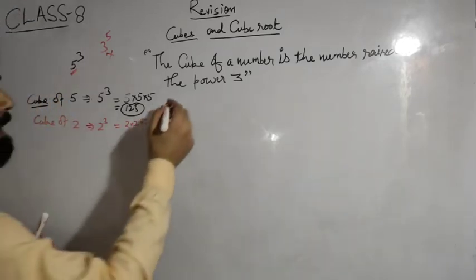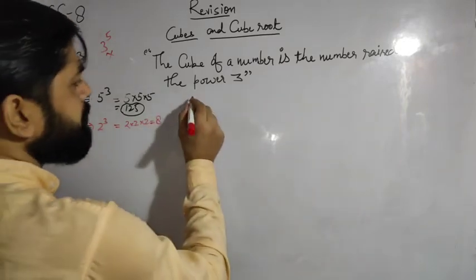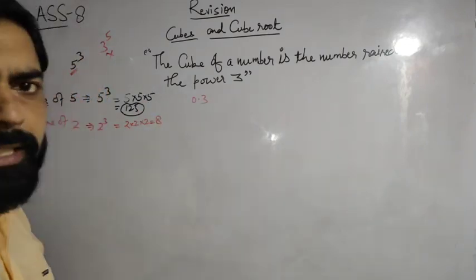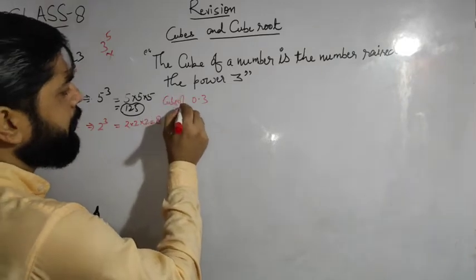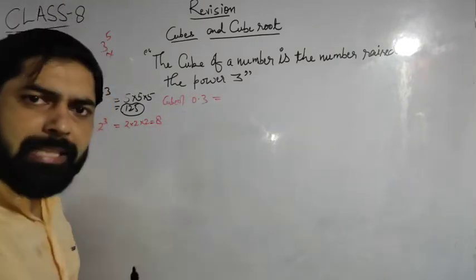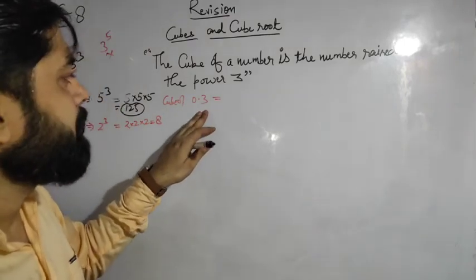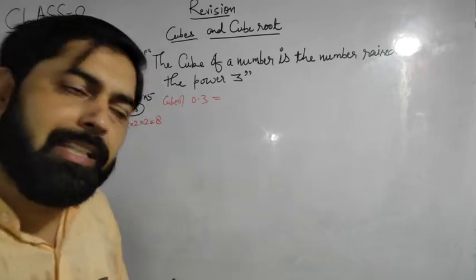And then another type of example: if the question is saying what is the cube of 0.3? So cube of 0.3, same process, same rule we can apply here. Write the power 3 of 0.3.